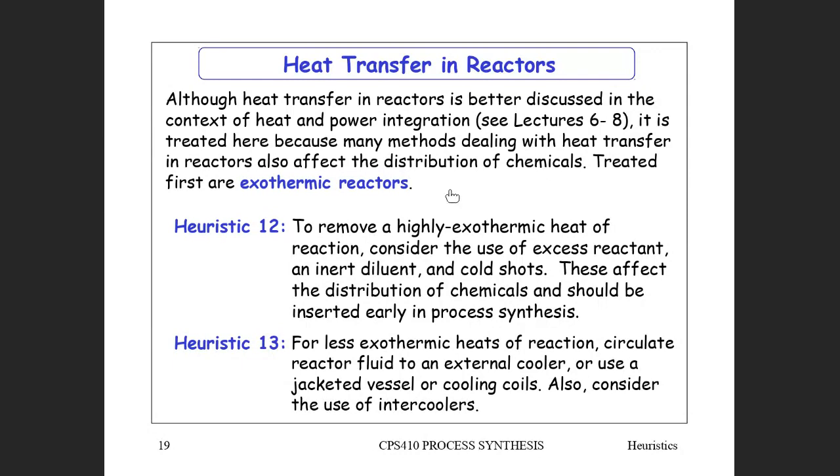So let's talk about exothermic reactors. They're the most common. And here we talk about a highly exothermic heat of reaction. And remember what I was saying yesterday. A highly exothermic heat of reaction is, for instance, if the adiabatic temperature rise is more than 200. Let's consider combustion.